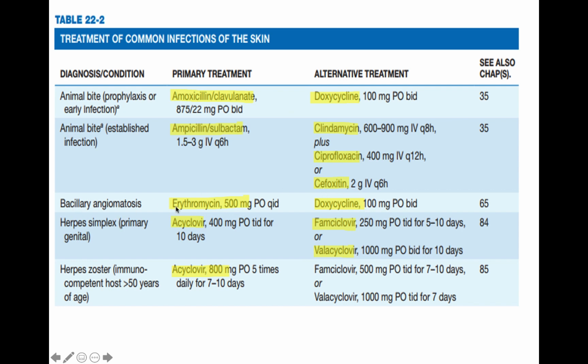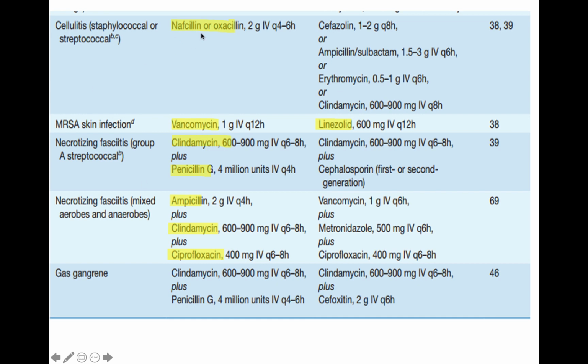Bacillus angiomatosis، ذاك المريض شو بعطيه أنا؟ erythromycin. Doxycycline is your secondary alternative treatment. Herpes, genital herpes حكينا acyclovir. And we have the حكينا alternatives: herpes zoster, acyclovir. Cellulitis, the anti-staph, and then your other options were cefazolin, if you recall.